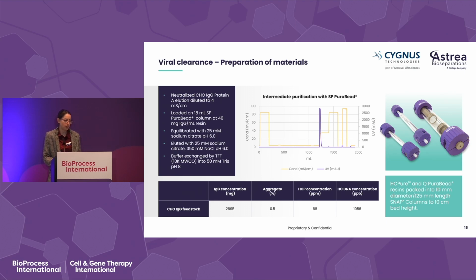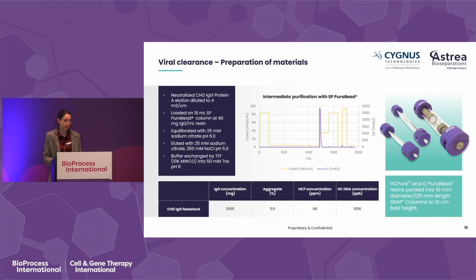And then we eluted off that SP column at pH 6 with 350 millimolar salt. The reason we did the 350 millimolar salt was because we saw that separated out a lot of the HCPs, which were then later eluted in the 1 molar strip. And then we buffer exchanged that material into 50 millimolar tris, pH 8. And that was the material that we would use as the feedstock for the viral clearance study.